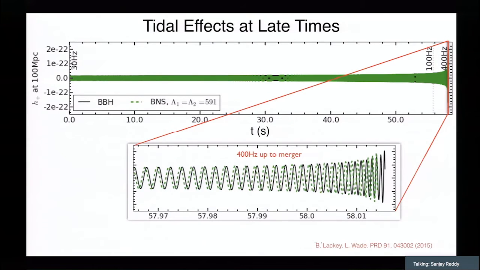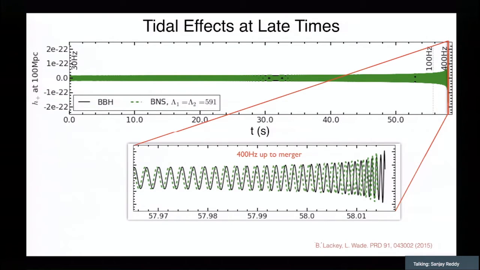To give you a clear picture of what happens, imagine that you have two neutron stars, denoted in this figure by the green dashed curve, and you compare that to the merger of two black holes. As I said before, the black holes don't have a tidal deformability, whereas the neutron stars do. In this particular plot, we've used specific values for the tidal deformability that we'll come back and discuss later. But it illustrates that when you have tidal deformation, the two neutron stars merge much faster than two black holes with the same mass.